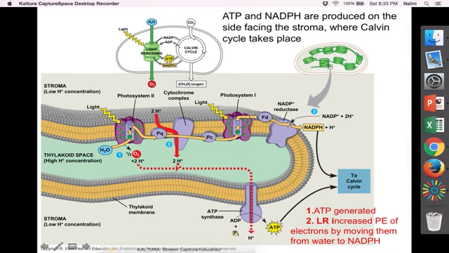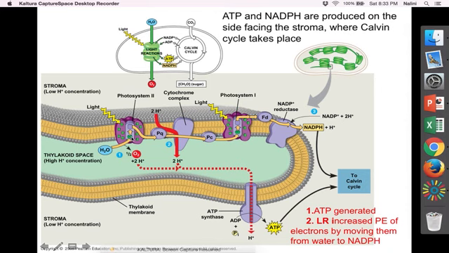These photosystems have single chlorophylls in the light harvesting complexes, and a special pair of chlorophylls in the reaction center. So each photosystem has peripheral light harvesting complexes and a central reaction center.